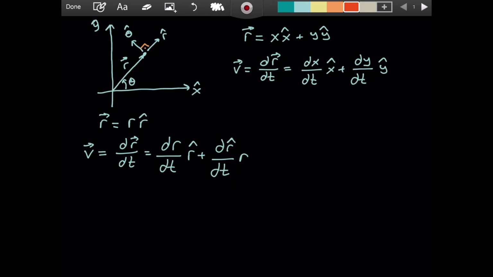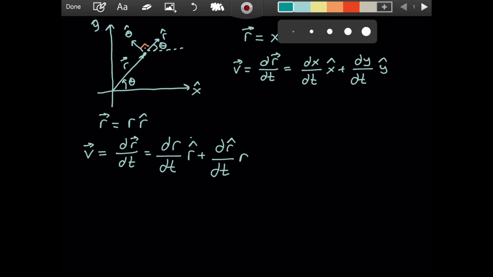So how do we take the derivative of r hat with respect to time? Maybe the first thing that comes to mind is to express r hat in terms of the Cartesian coordinates. Because we are more familiar with the Cartesian unit vectors, why not express r hat in terms of them? So let's do that. If I were to draw a dashed line like this, this is going to be theta.